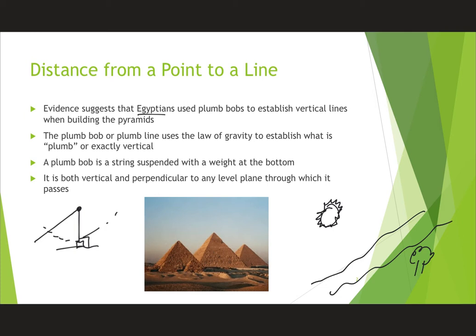In construction, you would want to build a bridge going across this river, or construct a rope bridge going from the bush to the tree. But it does you no good to throw a rope or to build a bridge that goes over here and then lags around and comes over there. It's not a very productive construction site. What you would want is the shortest distance going straight across, which is going to be your perpendicular distance.